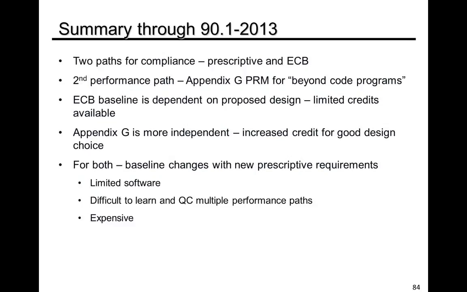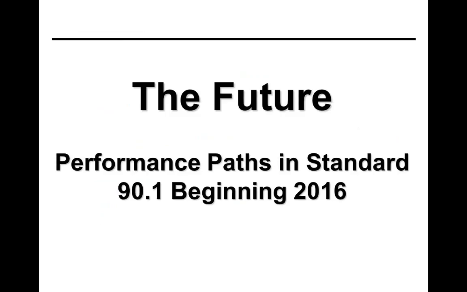And Appendix G is more independent from the proposed design, and that allows increased credit for good design practices. Both of these performance paths change with new prescriptive requirements. That results in limited software, difficulties in learning, and performing quality control on the models, and it becomes a very expensive process if you've got to do more than one baseline building model.